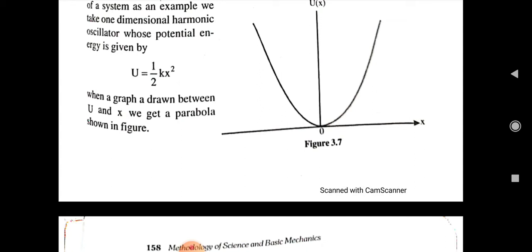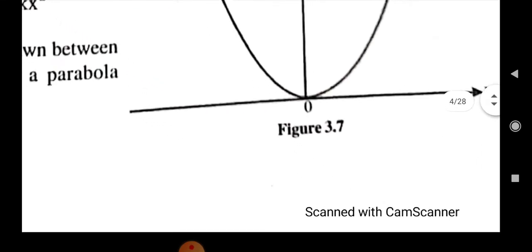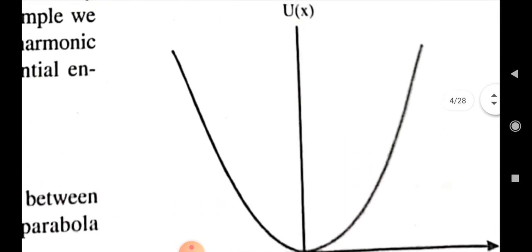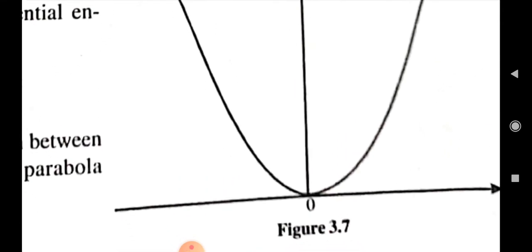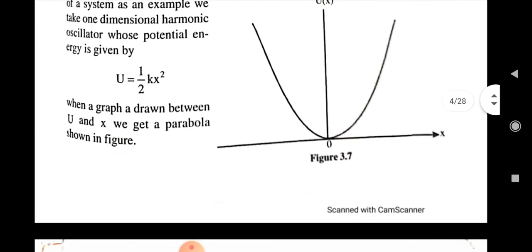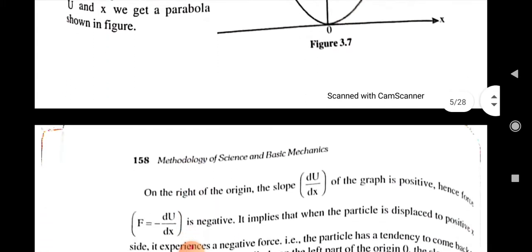So we can say that on either side d square u by dx square, that is the curvature, increases, so it is stable. On either side d square u by dx square increases. We can say that the derivative is positive, which means that particular point, the reference point, is a stable equilibrium point.